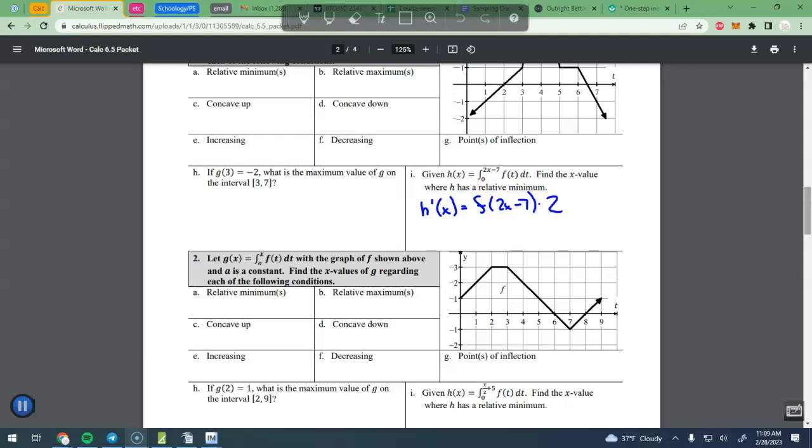Okay. And if it's a relative minimum, I want that derivative to equal 0. Well, that happens twice, but only one of those is a minimum. One's a maximum. So is the minimum the 2 or the 6 point? Who knows? It's the 2 because we're going from decreasing to increasing.